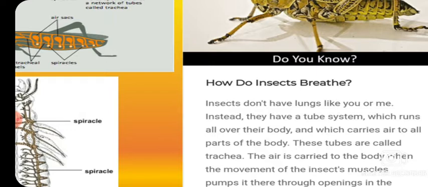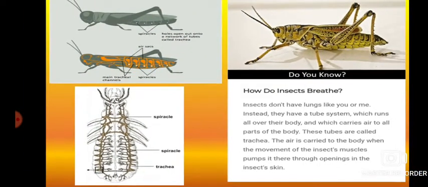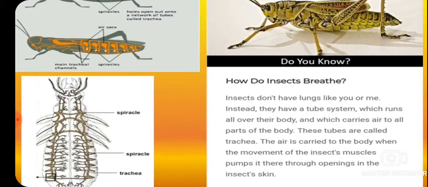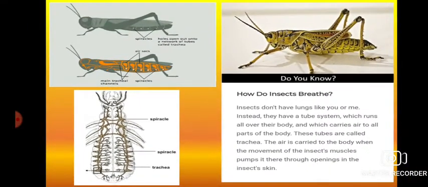So air is carried into the body through the movement of the insect's muscles, which pump it in through openings in the insect skin. The air tube system in the whole process is doing the action, which is composed of the trachea and spiracles, and different muscles which are involved in the process of respiration.